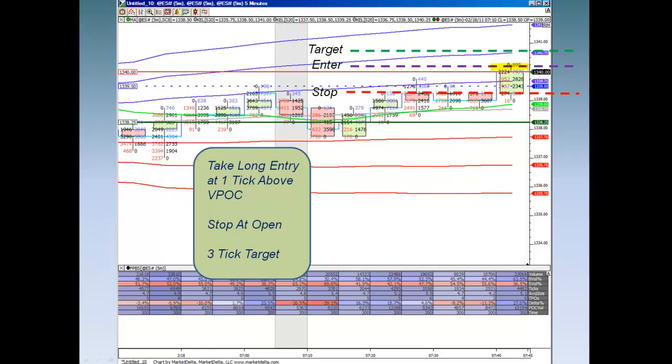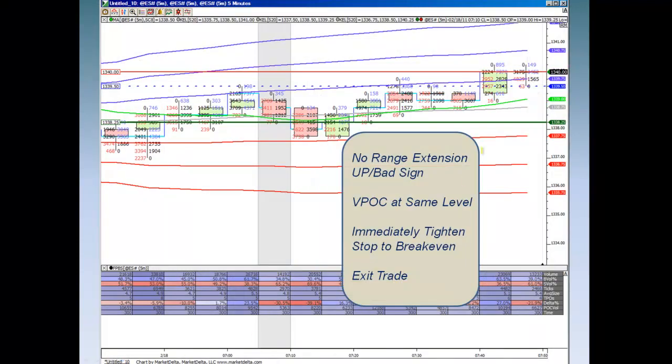So we'll place the entry right here. Our stop at the open, which is down here, and we'll shoot for our 3-tick target, which is up here at about 1 standard deviation. And let's take a look at how things develop in the market.